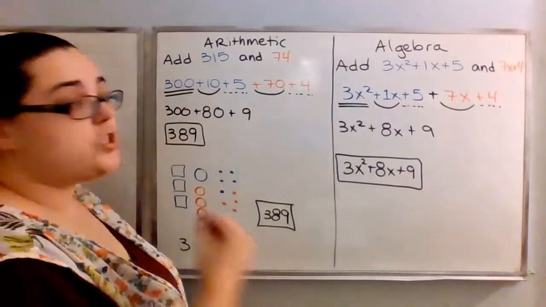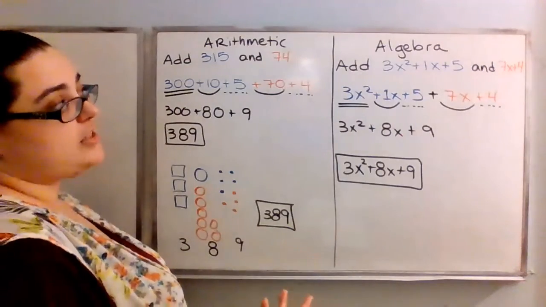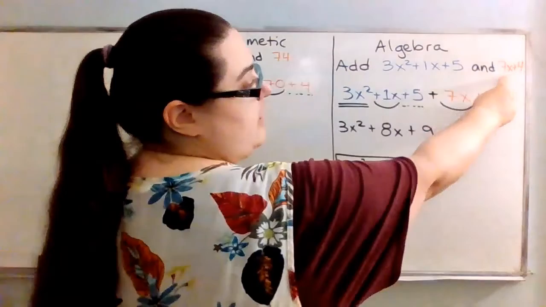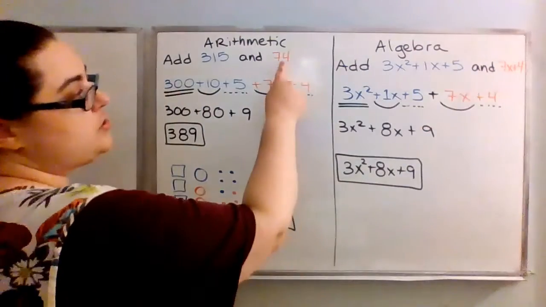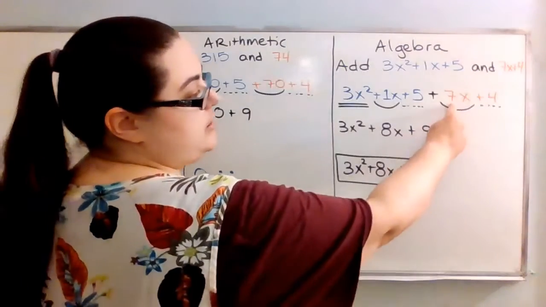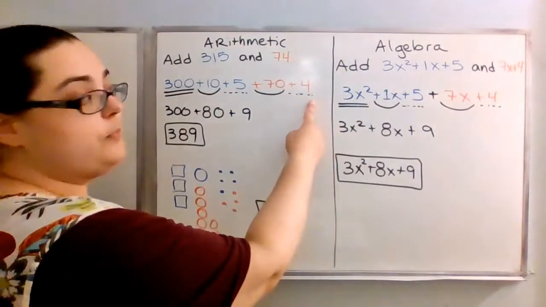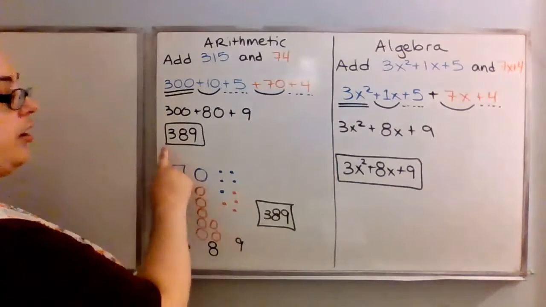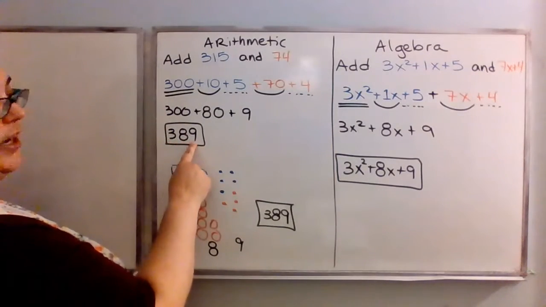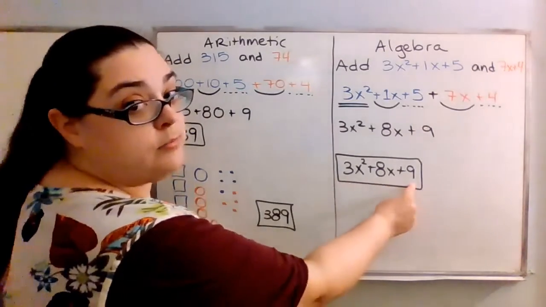Same concept, just a different name, just a different way of writing it. Same thing is happening with 74 and 7x plus 4. So 74 split into 70 and 4; 7x instead of 70, 4 as just 4. And then when we added them in our answer, we wound up with 3, 8, and 9. And in the answer here, we ended up with a 3, an 8, and a 9.